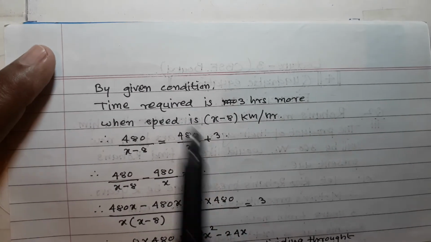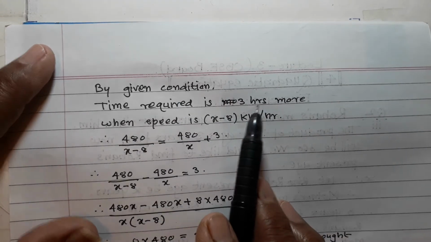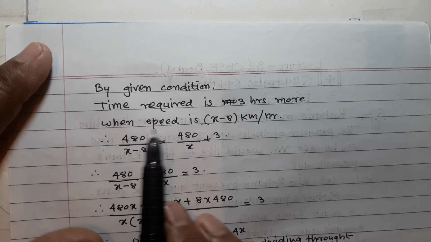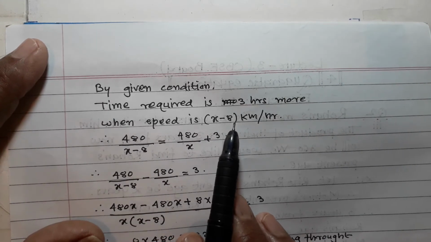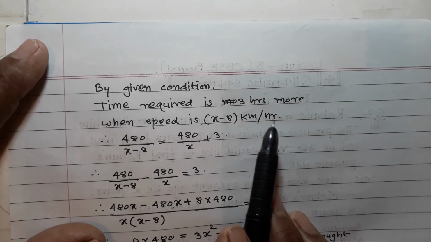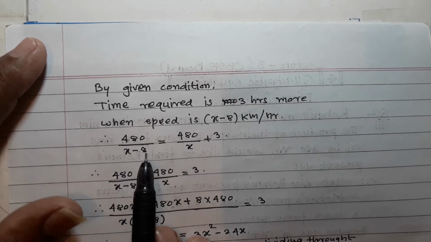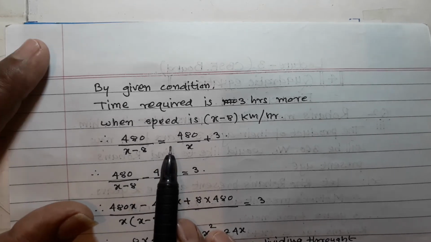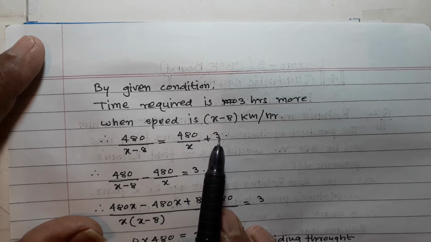And therefore by given condition, time required is 3 hours more than when speed is x minus 8 km per hour, and therefore 480 upon x minus 8 is equal to 480 upon x plus 3.